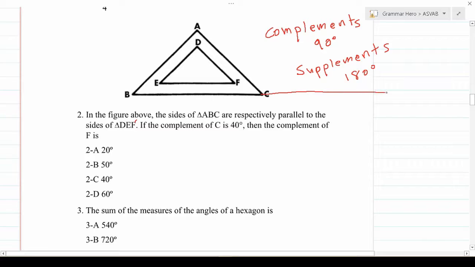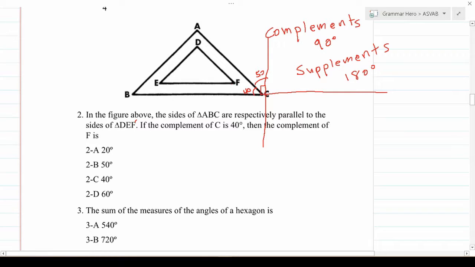So when they say the complement of C is 40 degrees, this is what they mean. Imagine that there was a right angle right here. The complement of C would be angle C, and it would be 40 degrees. That would make this 50 degrees. Together they would add to the right angle, 90 degrees.